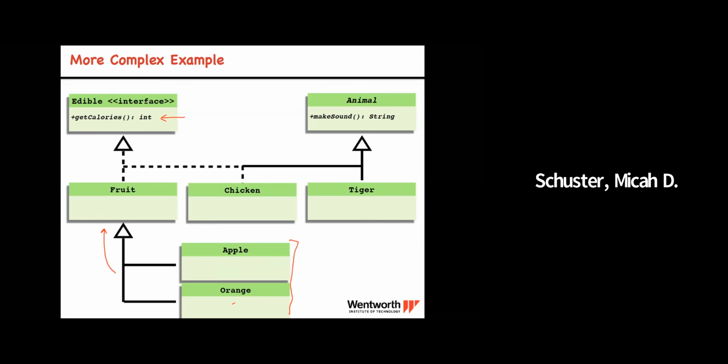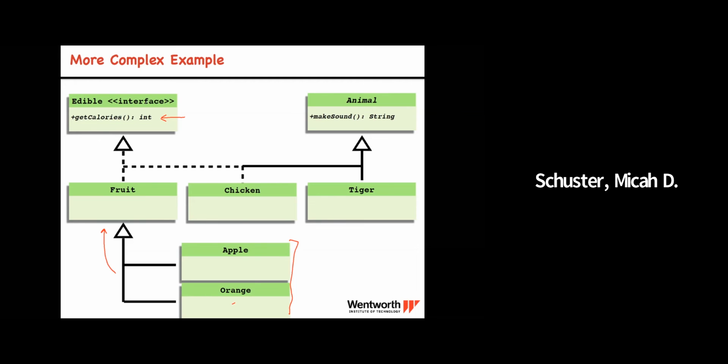So this gives you more flexibility in what a particular class is and is not. By this diagram, a tiger is not edible. It is an animal and it is not edible. A chicken is an animal and is edible. A lot of times when you see these diagrams or interfaces, they are meant to represent things that, in this case, a chicken is and is not.